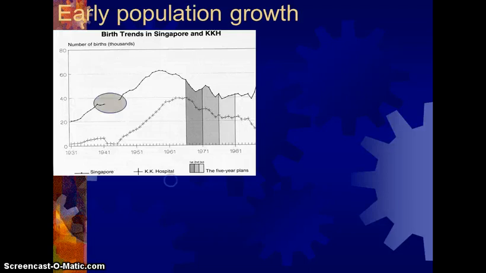Look at this circle, which is shaded in grey, not dotted. This period is from 1942 to 45, during the war years. During the Japanese occupation, there was no census taken of how many babies were born, and therefore the graph was unable to show it.